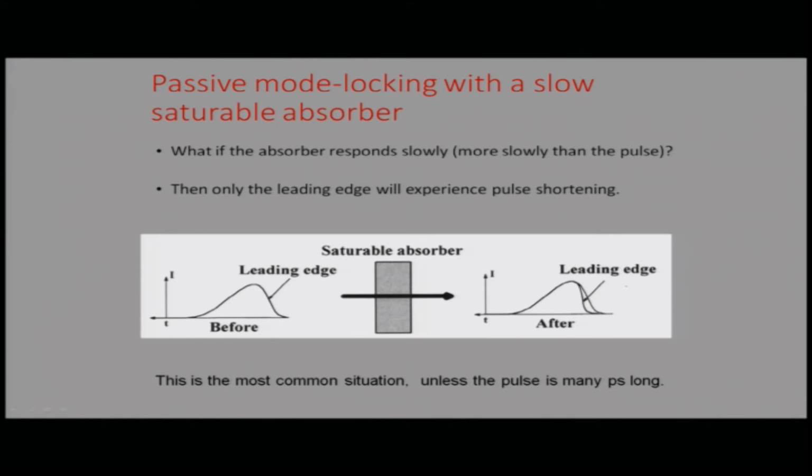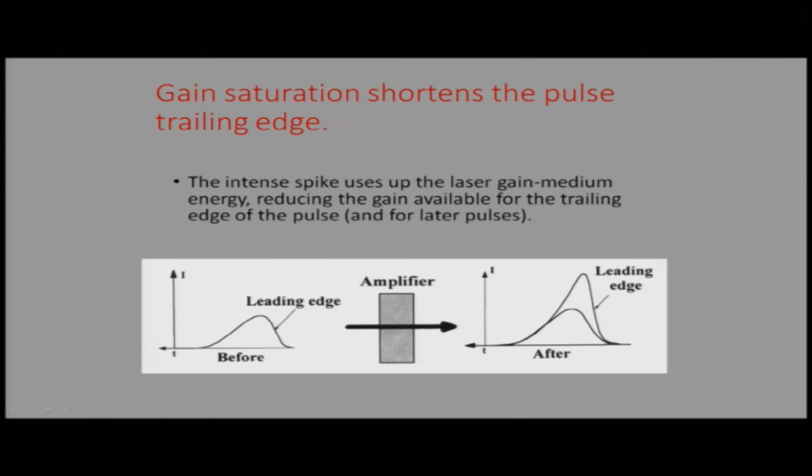It can have different effects when you have a slow saturable absorber versus a fast saturable absorber. If the absorber responds more slowly than the pulse, then only the leading edge will experience pulse shortening. This is the most common scenario, unless the pulse is many picoseconds long.